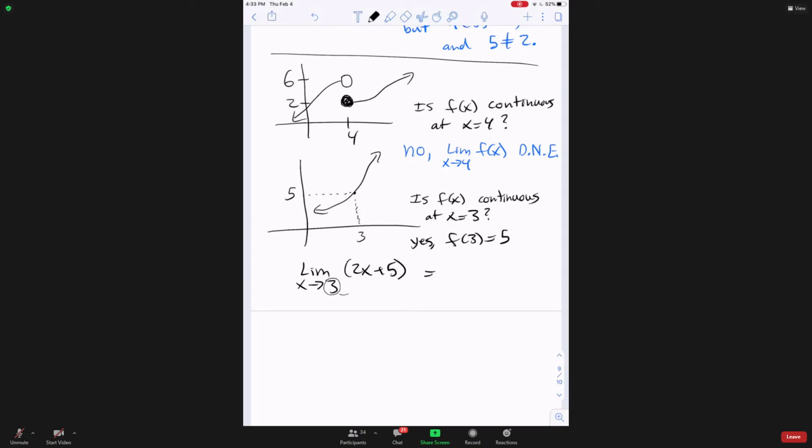It's just the line with a slope of 2. So when I know something is continuous, the function value will equal the limit. So what we were doing is plugging in 3 to get the function value. But since the function value equals the limit on a continuous function, that would be your answer for the limit as well. That was what was going on in the background.